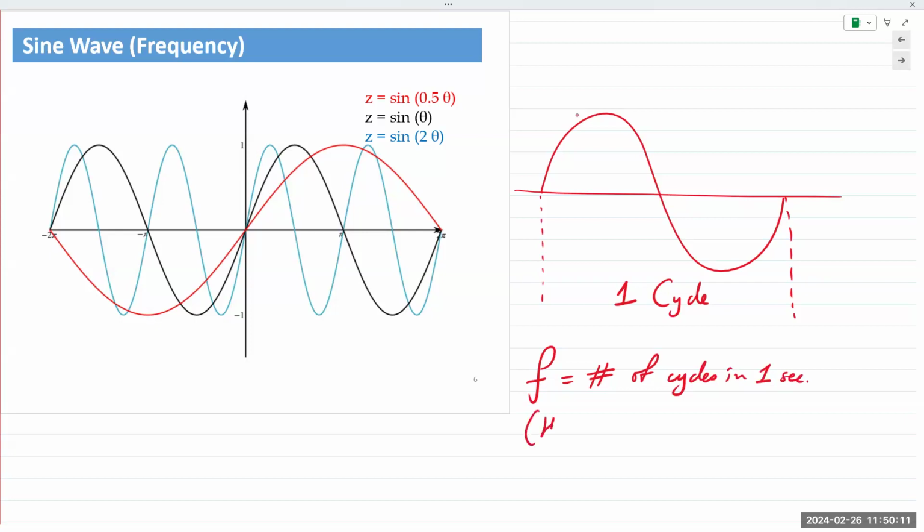The unit is hertz, not the car company. It's named after a German physicist. Hertz, spelled exactly the same. Short is Hz.